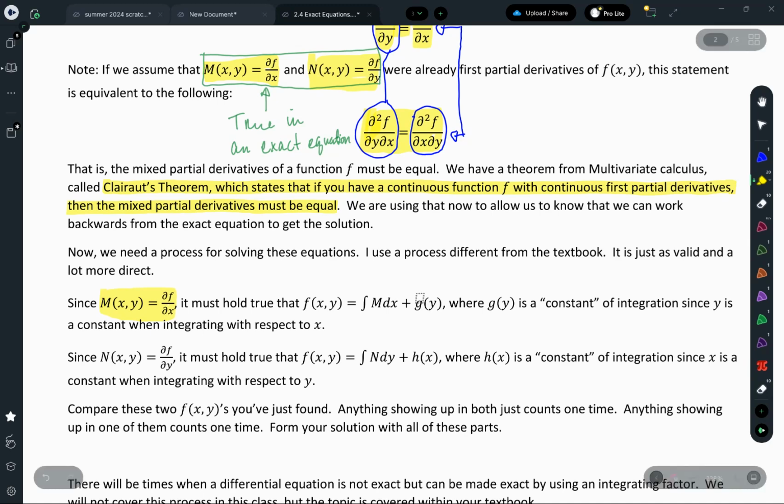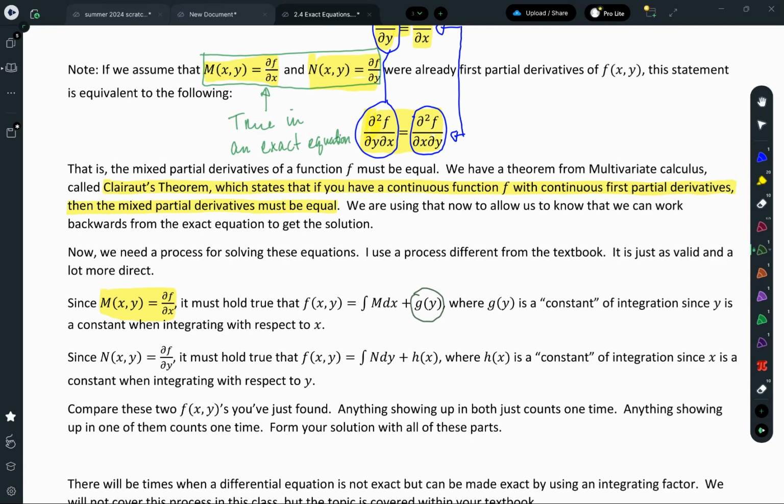But it might have an extra little bit to it. This g of y, that's like our constant of integration. We might end up with a piece that's just a function of y, and that is our constant of integration, and it's the piece that got lost possibly when we found the partial derivative with respect to x.